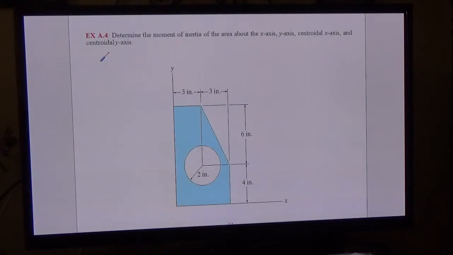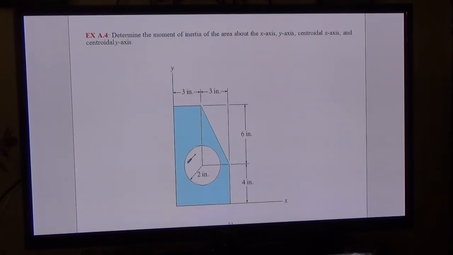So I'll set this problem up and I'll run through some of the basic calculations at first. But the main thing I want to talk about here is how to get I about the centroidal x and centroidal y axis. Alright, first thing, I need to separate the body into parts. I want to try to choose as few parts as possible. So one way to do this would be to specify a rectangle here, a triangle here, and then a hole of a circle.